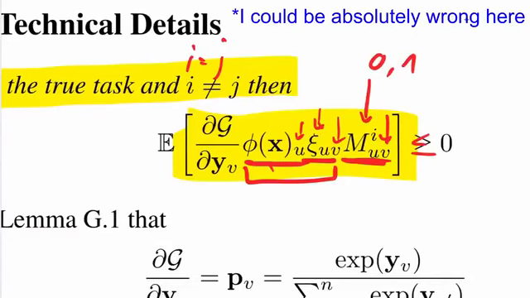So if the mask is 0, then obviously this thing is going to be 0. However, if the mask is 1, what does it mean? If the mask is 1, that means that this entire feature right here, let's call it f, is positively contributing to this particular neuron right here.